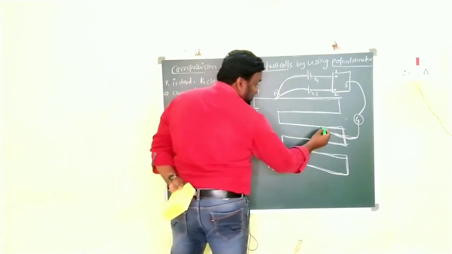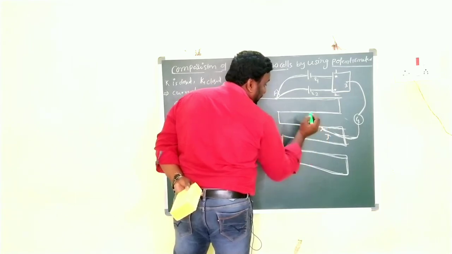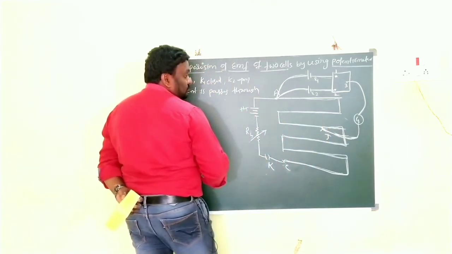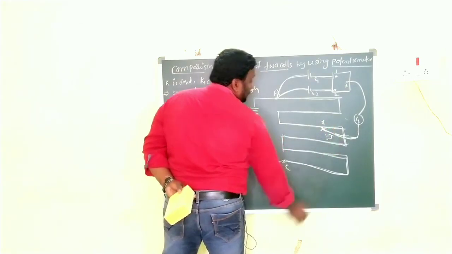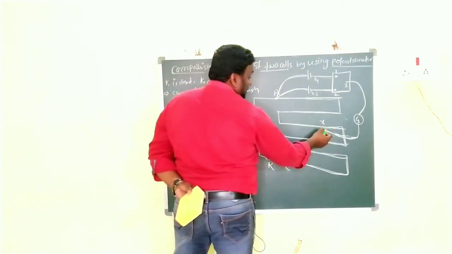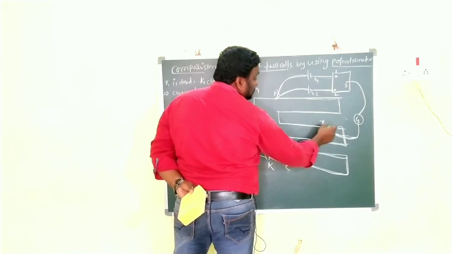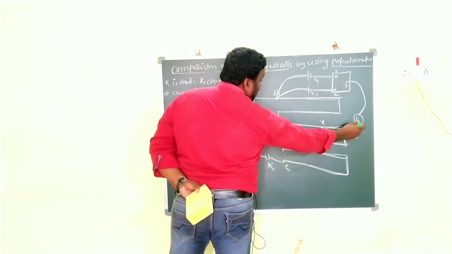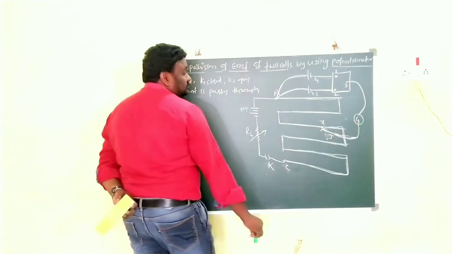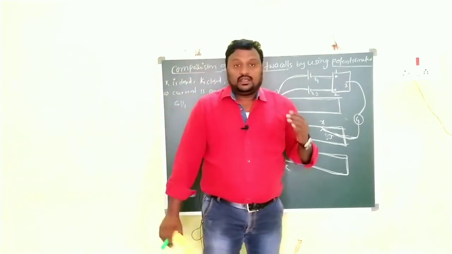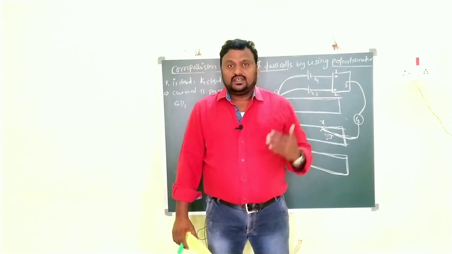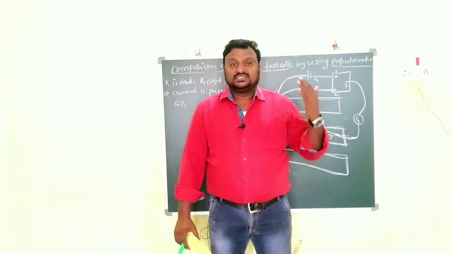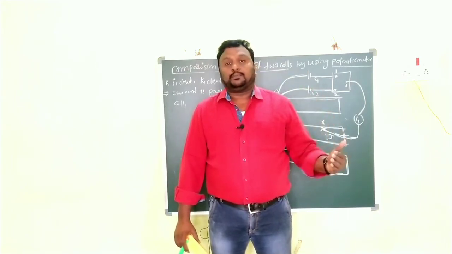For example, at this point, sorry, I am calling it X, J means jockey. At this point X, the reading shown by the galvanometer becomes 0. From A to C, we are moving the jockey at different positions on the wire. At one particular point X, the galvanometer shows 0.